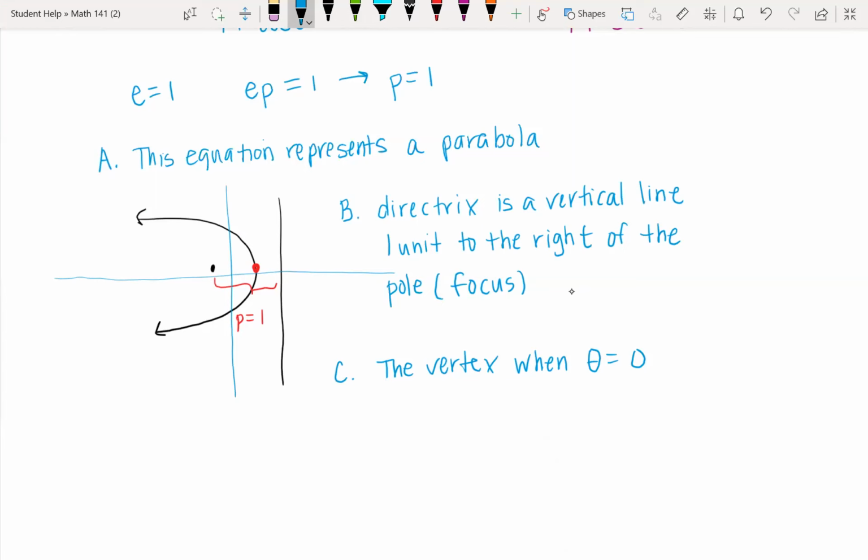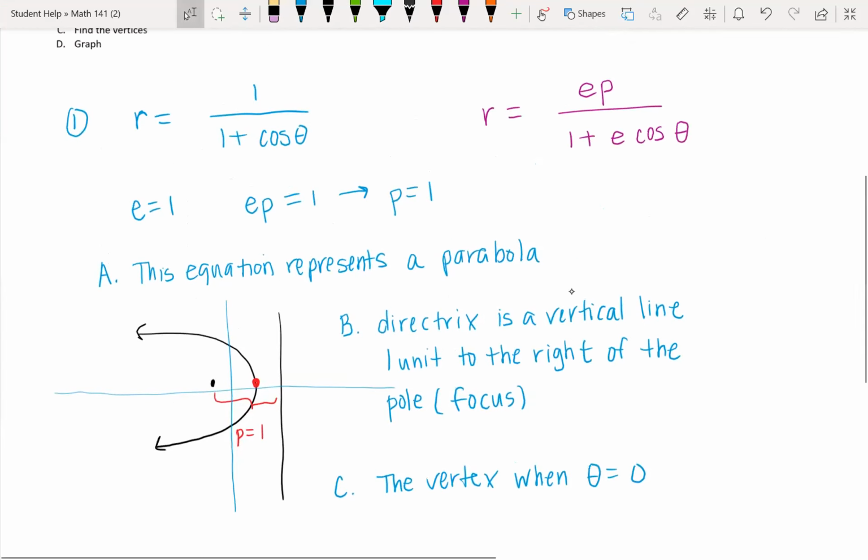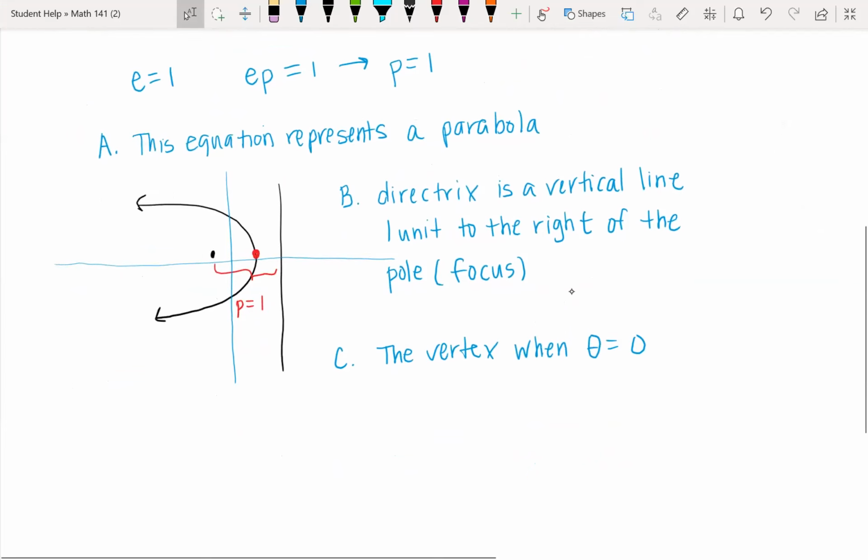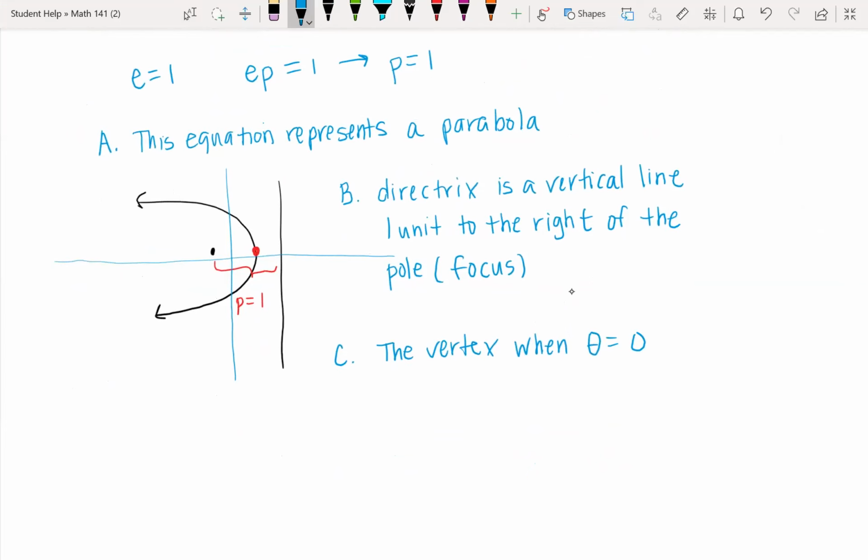So I'm going to plug 0 back into my original equation. Our original equation was r equals 1 over 1 plus cosine theta. When we plug 0 in, we get that r is equal to 1 over 1 plus, now the cosine of 0 is 1, so that's 1/2.